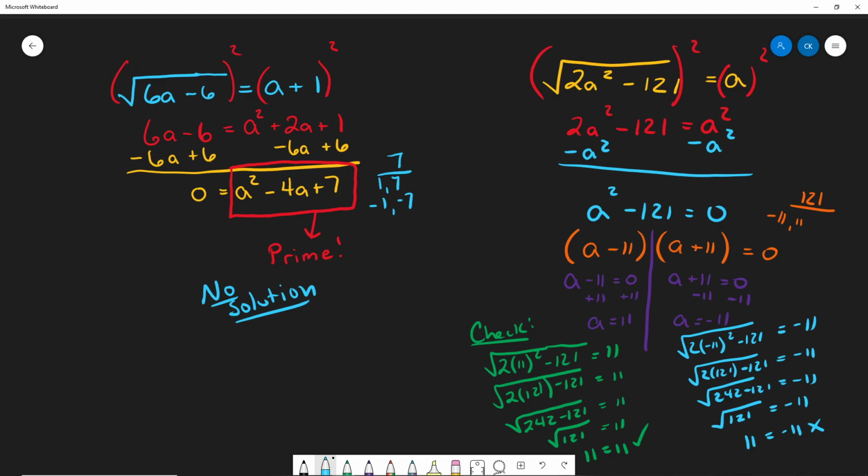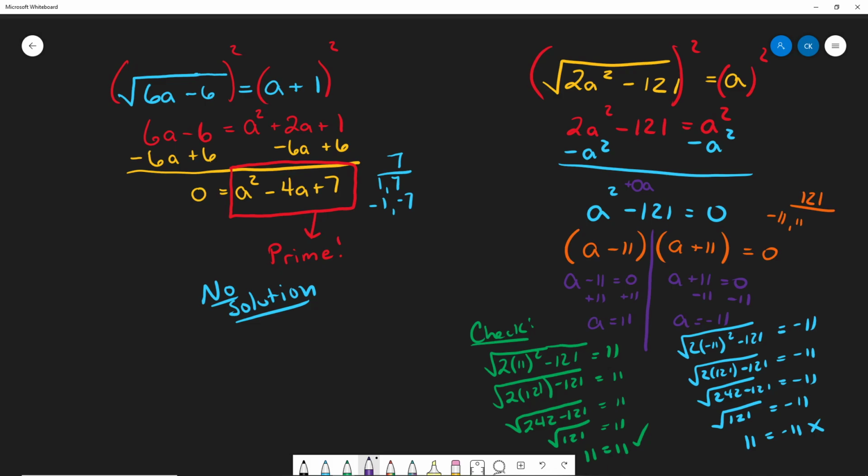Moving on to the other one here, same concept, I square both sides. So 2a squared minus 121 is equal to a squared. I'm going to subtract the a squared from both sides. I get a squared minus 121 equals 0. Now this one's a little more difficult because we have to realize that my middle term here would actually have to be plus 0a, meaning we want our two numbers here to cancel each other out.